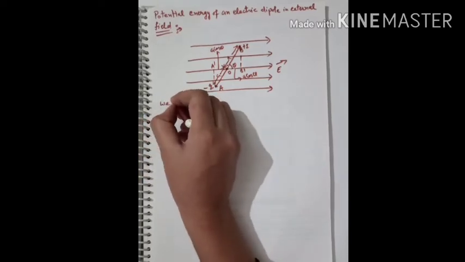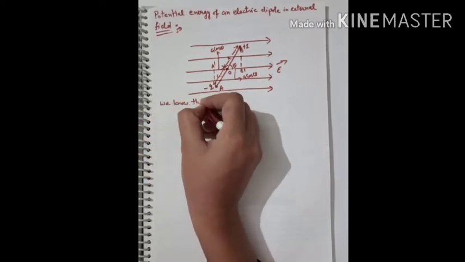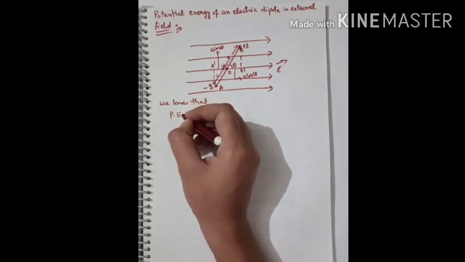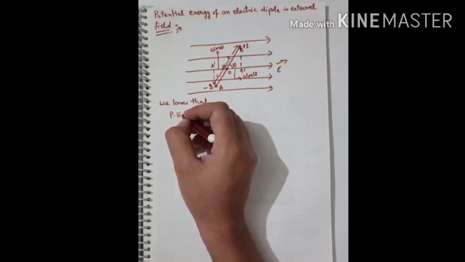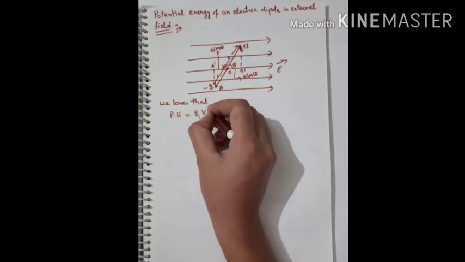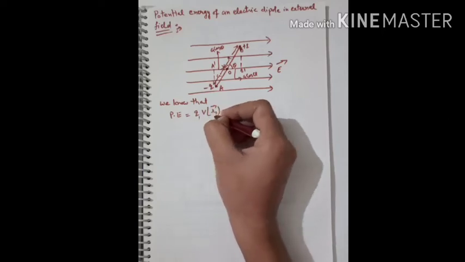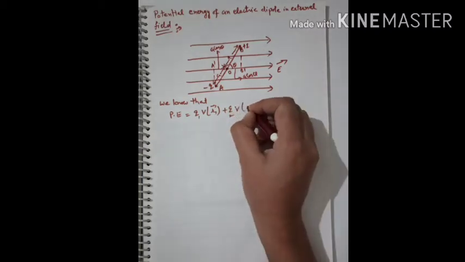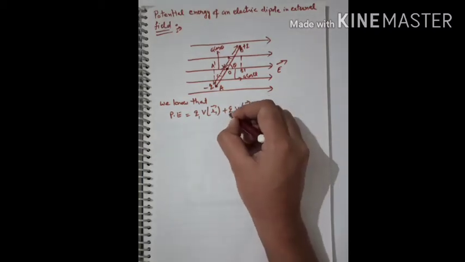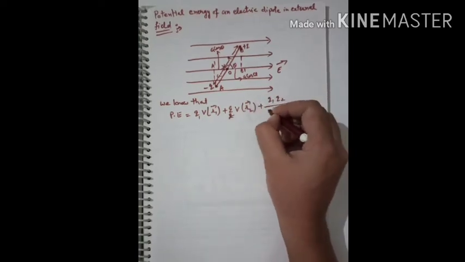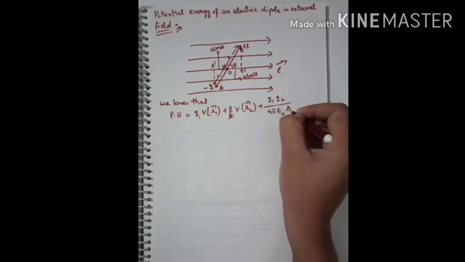We know that the potential energy due to two charges in an external electric field is given by the previous equation, which is equal to q1 V of r1 vector plus q2 V of r2 vector plus q1 q2 over 4 pi epsilon naught r12.